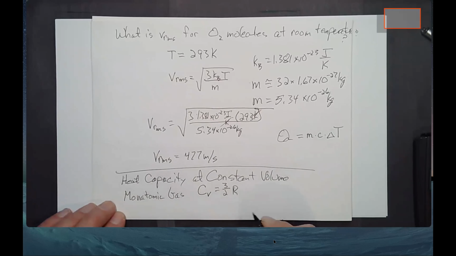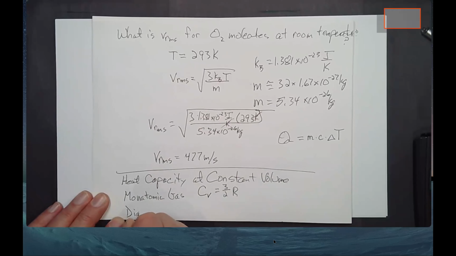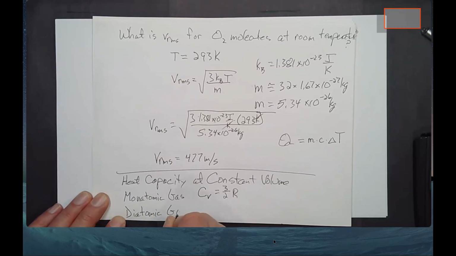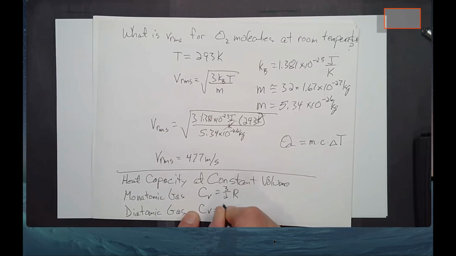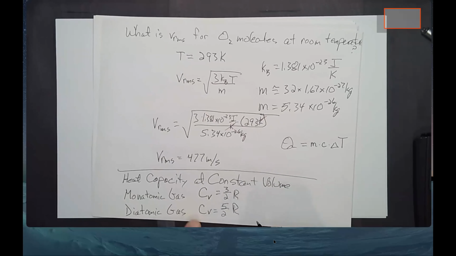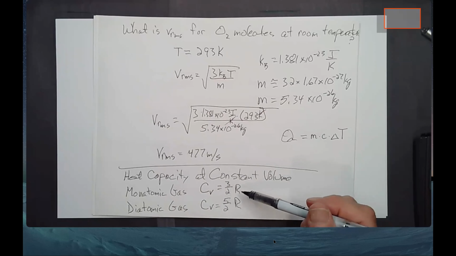But that's what it is for a monatomic gas. For a diatomic gas, it looks a little different. It happens to be 5/2 R, and this is kind of a weird thing. Why should it make a difference? Well, for a monatomic gas, we say that it has just 3 degrees of freedom.